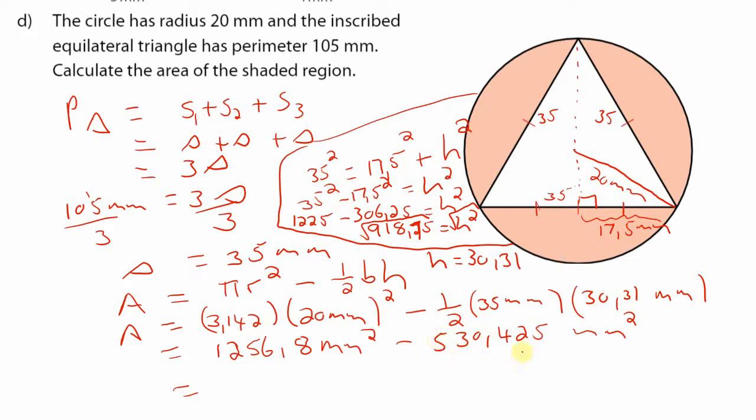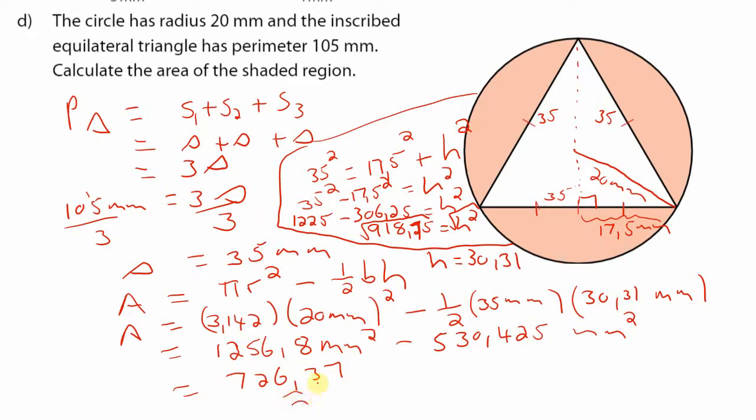So subtract the area of the triangle from the area of the full circle to get the shaded portion. If we do that, we obtain 726,37, but remember we now have to round to 1 decimal.